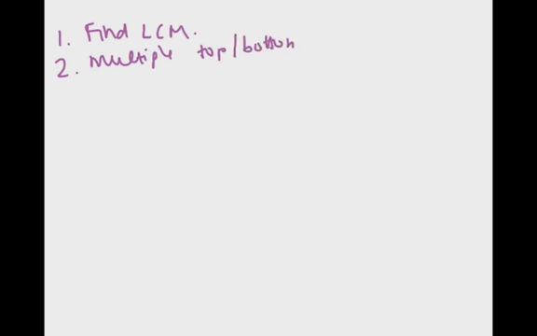Alright, so let's do a quick review. Step number 1, we find our least common multiple. Step number 2, we multiply the top and bottom, so the numerator and denominator, by the same thing.